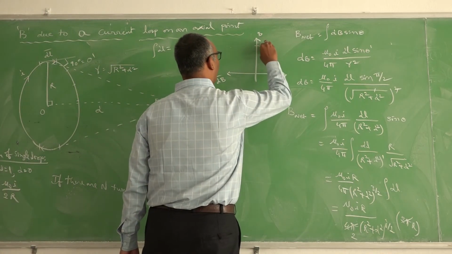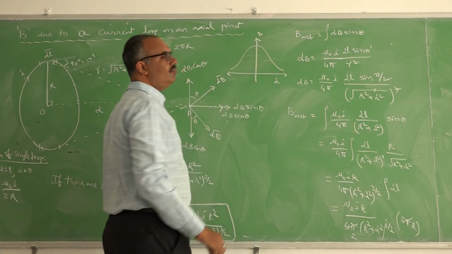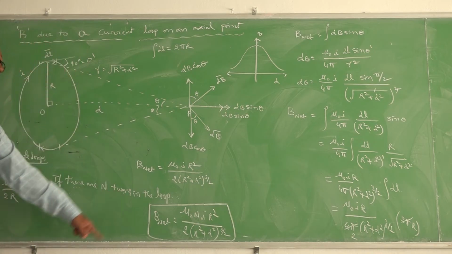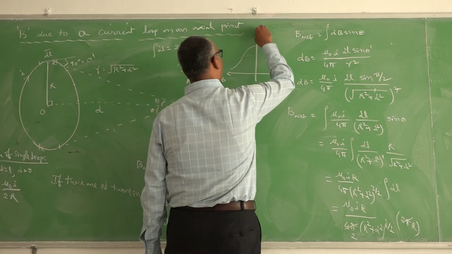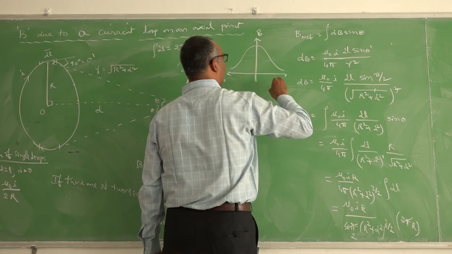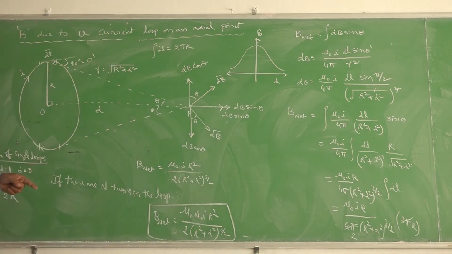As you are going this side, the magnetic field value is going to decrease according to this relation. So that is the relationship between the magnetic field due to a current carrying loop and the distance of the point from the center of the loop. So in this way, we can understand the magnetic field due to a circular loop.